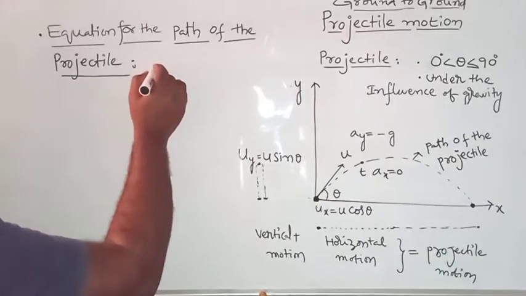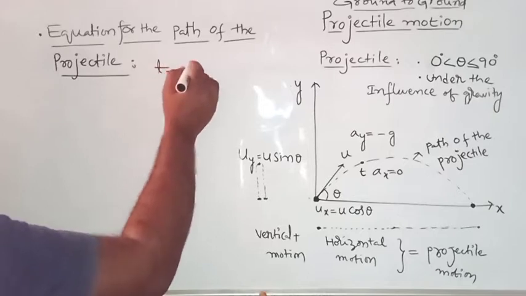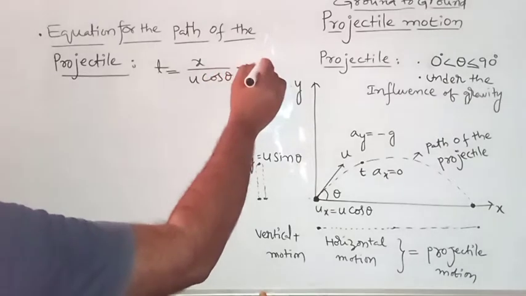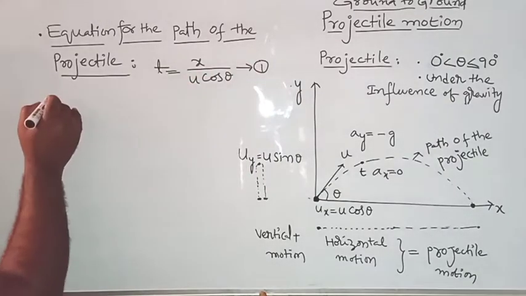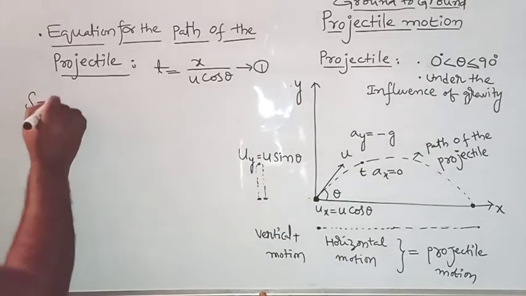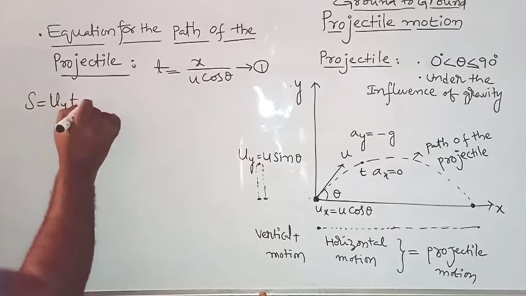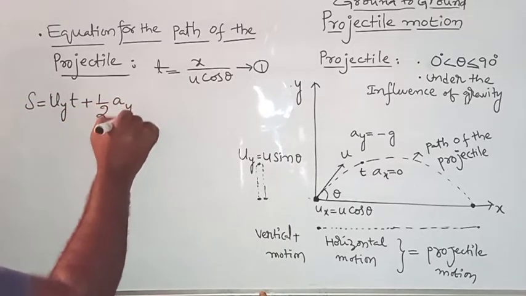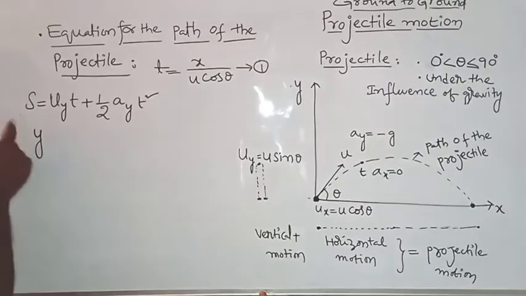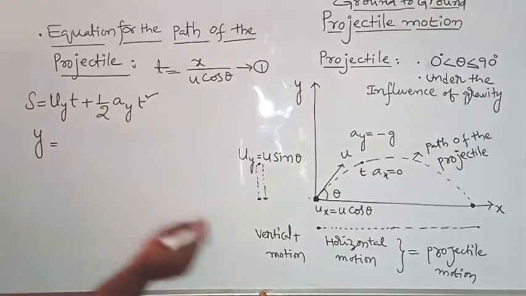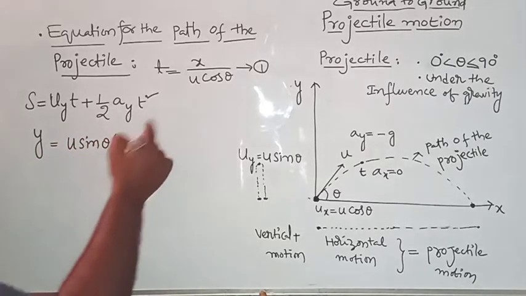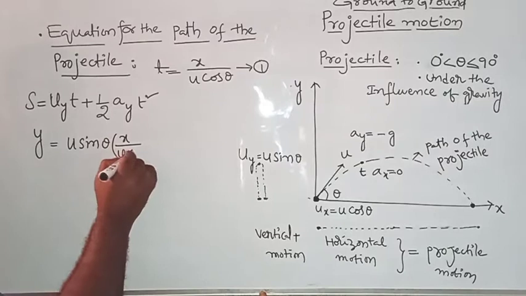Previously in horizontal motion we found t value, t equals x upon u cos theta. This is equation 1. Along y-axis displacement s equals uy into t plus half at square. You substitute here along y-axis displacement y, uy is u sin theta and t value is x upon u cos theta.